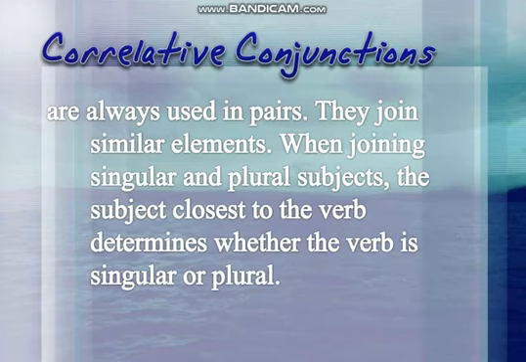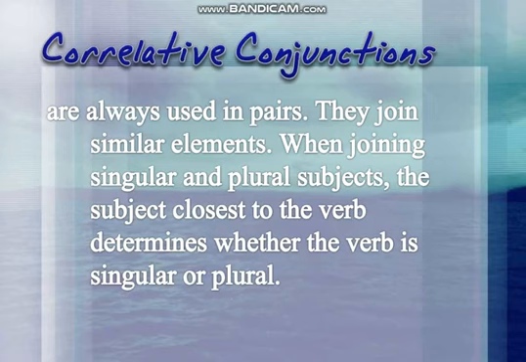They also join similar elements, but the main difference between coordinating and correlative conjunctions is that correlative conjunctions appear in pairs, while coordinating conjunctions are just single conjunctions. When joining singular and plural subjects, the subject closest to the verb determines whether the verb is singular or plural.